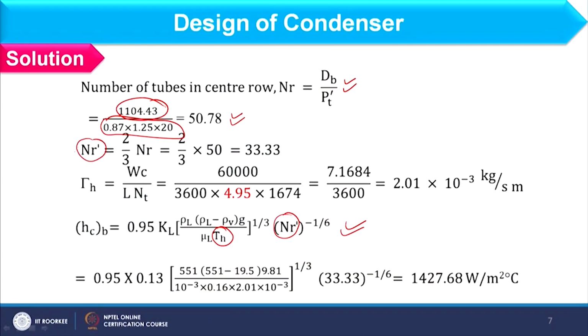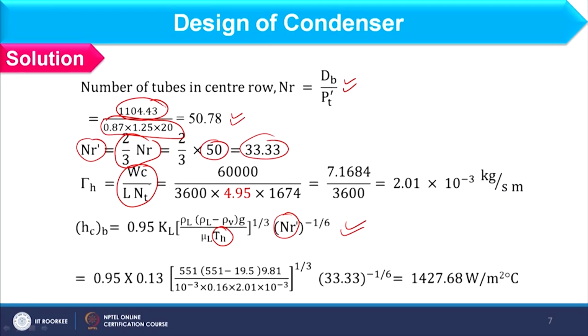So, instead of 50.78, the Nr value should be considered as 50, right. So, once I have the Nr value, I should find out Nr dash because that will be used in the expression. So, let us see the Nr dash calculation. That is very simple, 2 by 3 into Nr. So, here we can find out Nr dash as 33.33, and here you consider Nr as 50, which we just discussed, right.